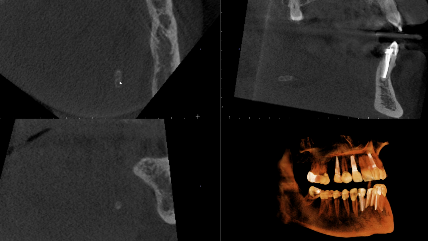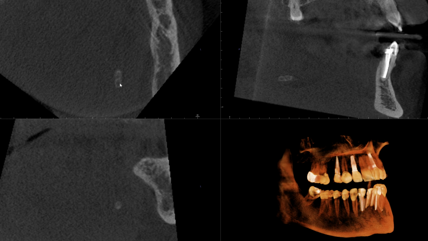This sialolith, based on its anatomic location, we know it's in the Wharton's duct, right? The submandibular gland duct, and because this calcification occurs within the duct, it's going to potentially have the shape of a duct, right? So that's very, very telling.